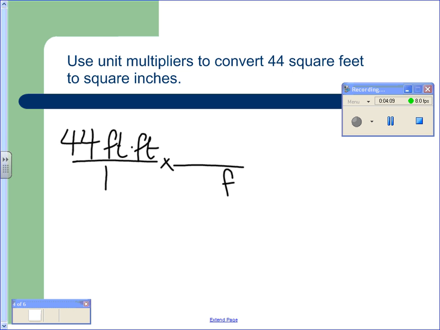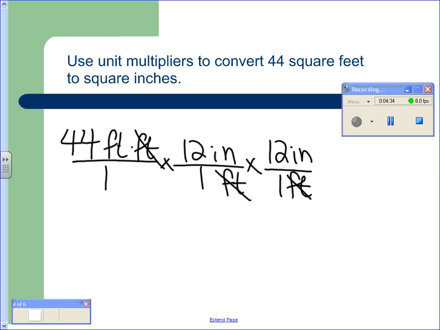So I'm going to put feet down here. Do feet and inches already relate? Okay, how do they relate? All right. So what cancels? But now we've got inches, feet. So you got to do another one. The exact same one, so that they'll cancel both feet. Does that make sense?